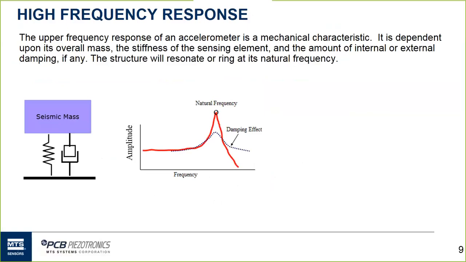The two graphics below, the one to your left, is a free body diagram of an accelerometer where we have a seismic mass acting on a sensing element shown here as a resistor. Then next to it is a filter, and that may or may not be applicable depending on the sensor model number.